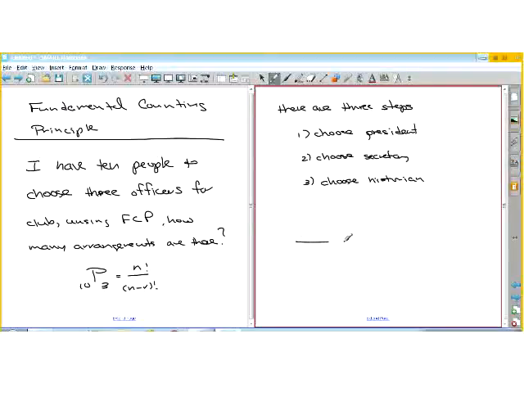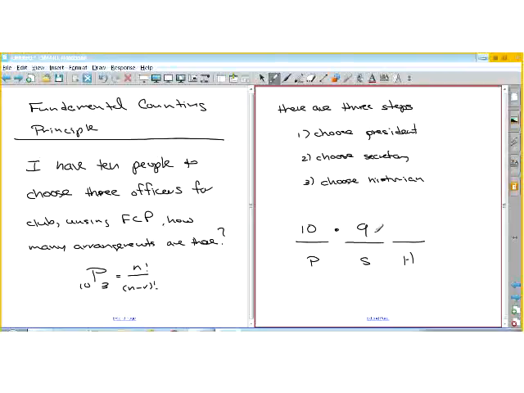So what I would do is then I would think about the process. This is the president, this is secretary, this is historian. And I'd say, okay, the fundamental counting principle says that I look at the first step and I see how many choices I have. Well, you go to the problem, you say, okay, I have 10 choices for president. Because I'm doing officers and you can't be multiple officers, so there is no substitution, well, not substitution, but I can't repeat things.